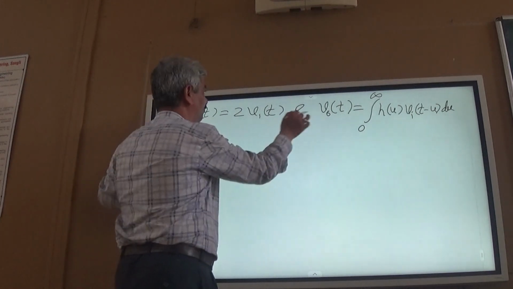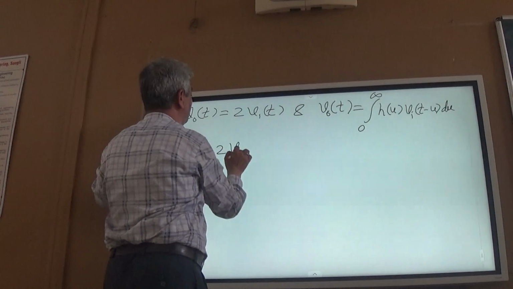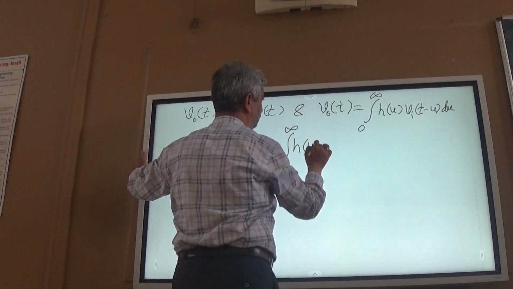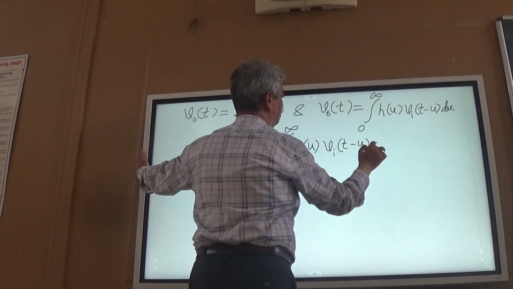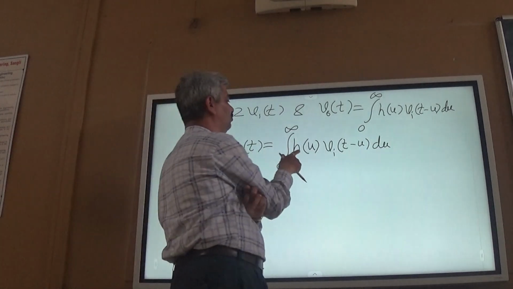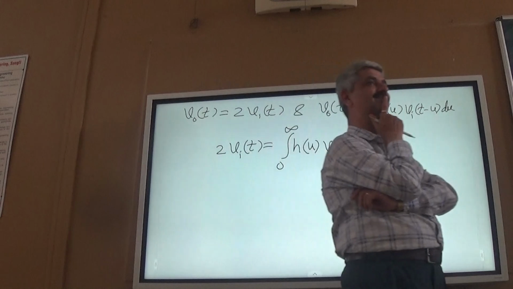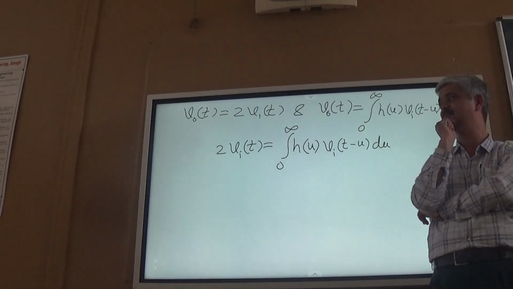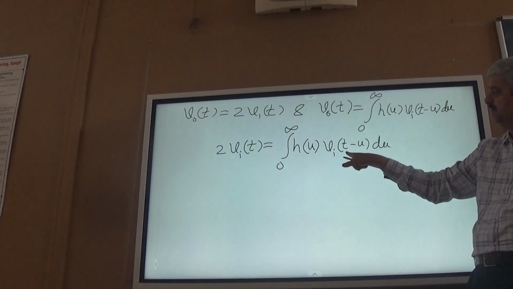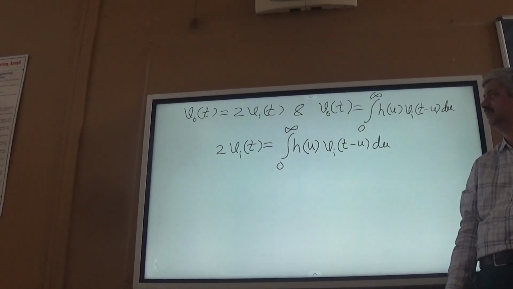So put this: 2 Vin of T is equal to the integral of HU Vin of T minus U du from 0 to infinity. When is this possible? You must be able to think.